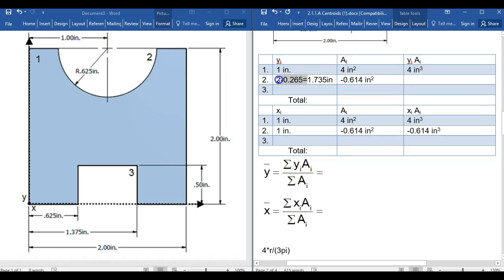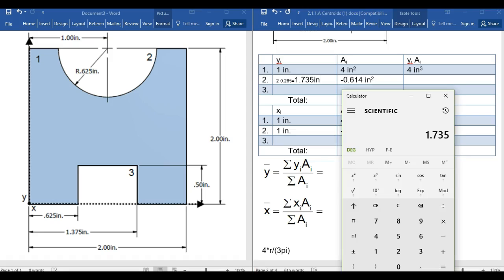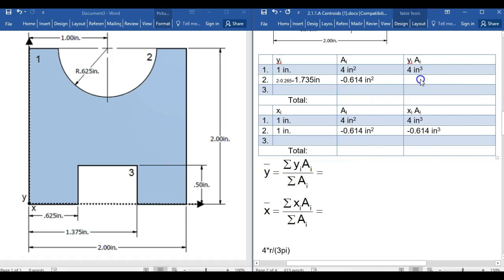I'm going to leave this in here, but I'm going to make it a little bit smaller so that the 1.75 is what's important. And then we're going to take that 1.75 and we're going to multiply it by the area. So I'm going to do times 0.614, which leaves me with 1.065 inches cubed.